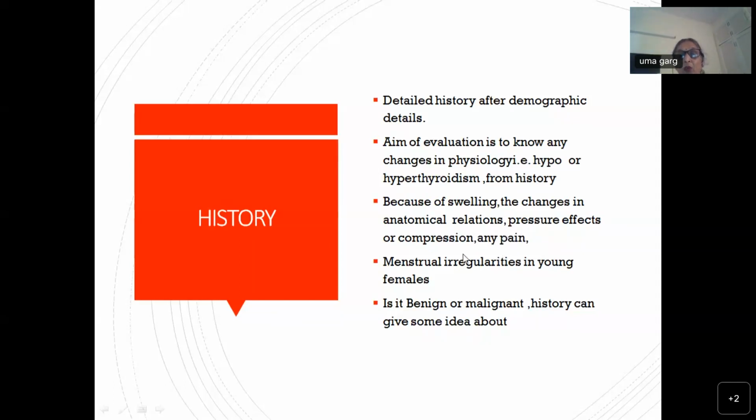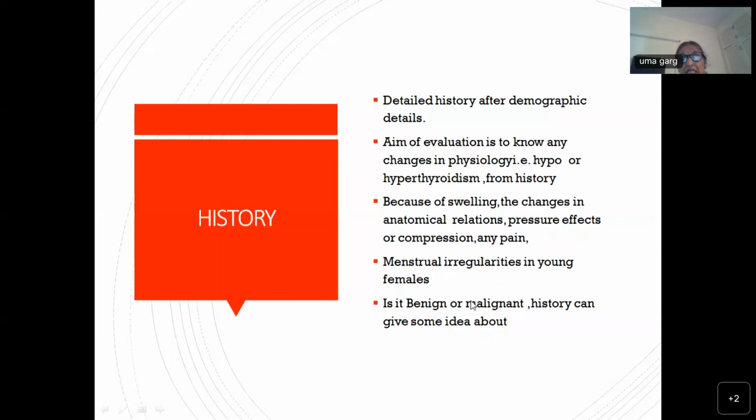It is very important to take a history of menstruation, menstrual irregularities in young females. Mostly in hyperthyroidism there is oligomenorrhea or amenorrhea, and in hypo it is usually polymenorrhea or menorrhagia. Most of the thyroid patients are females, young females, and therefore menstrual irregularities give an idea whether there is a disturbance in thyroid function.